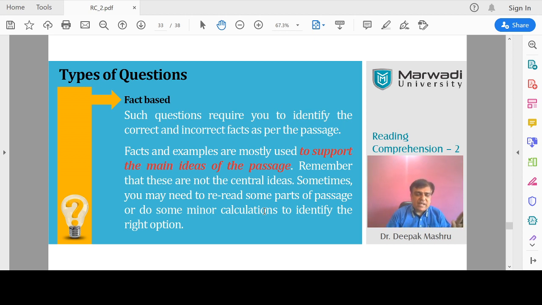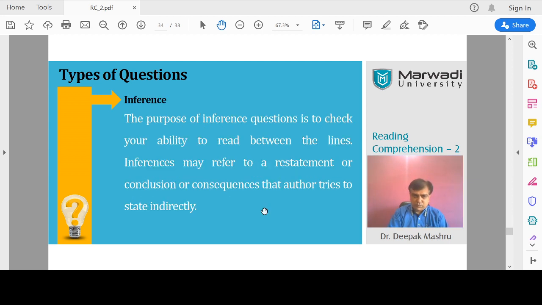Then you find out why this information has been given by the author. These sentences will be supporting one or more ideas of the author which are there in the first paragraph. So we need to structure it, make the organization, and link these things to the main idea. In that way, it can be helpful to you.